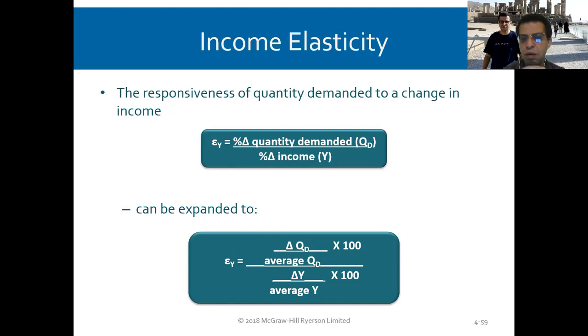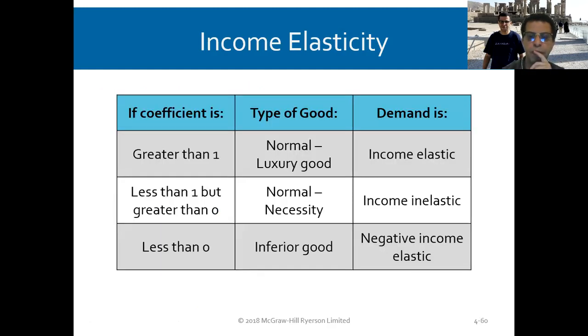The same approach can be expanded here, and as I said at the beginning of the chapter, you need to know that. So in income elasticity, we are talking about the people who are demanding. If the coefficient is greater than one and the type of good is a luxury, the demand for it is elastic.